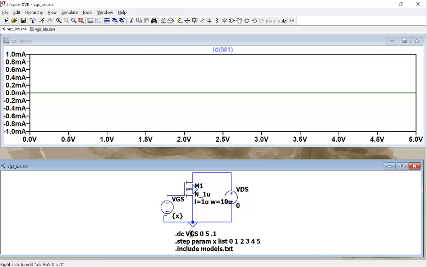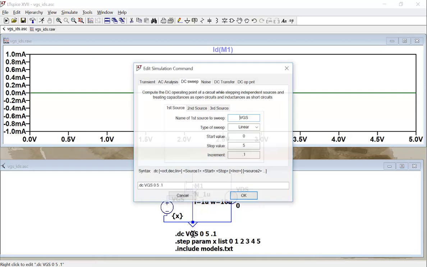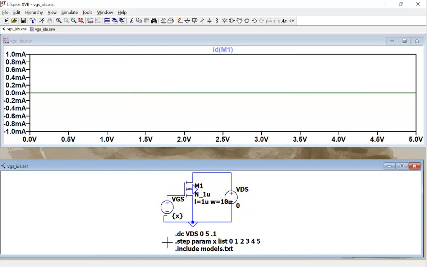Oh, DC sweep, sorry. Yeah, it should be VDS. Sorry, I shouldn't change that. I don't need to change anything, since I'm doing a DC sweep for VDS, so I shouldn't change it to VGS. Anyway, let's run it. See?